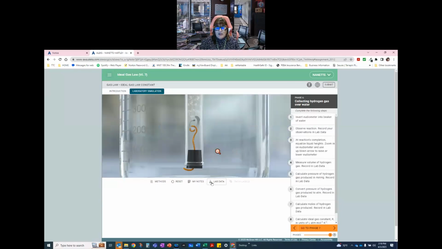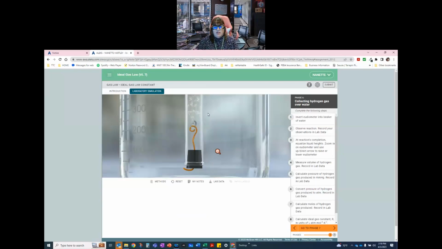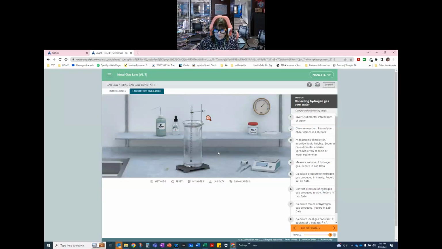I can see as the magnesium gets smaller, I form hydrogen gas. Okay, so that's my observation. I have to let this go for a little bit. Hooray! Now that it's done, I can zoom out.